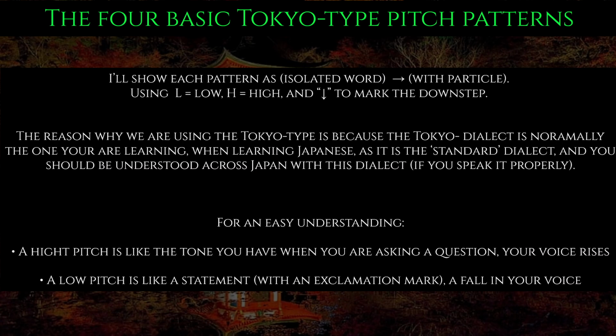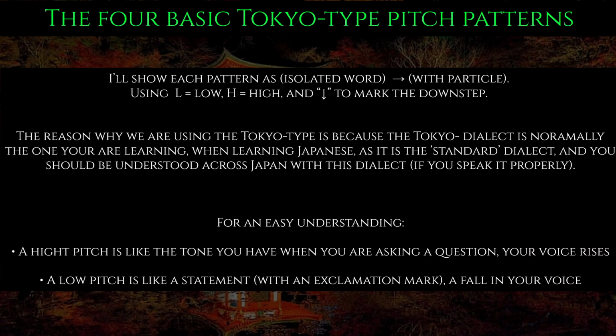Now, the reason why we are using the Tokyo type is because the Tokyo dialect is normally the one you're learning when learning Japanese, as it is the standard dialect, and you should be understood across Japan with this dialect if you speak it properly, that is.